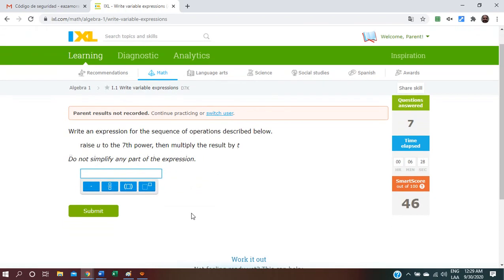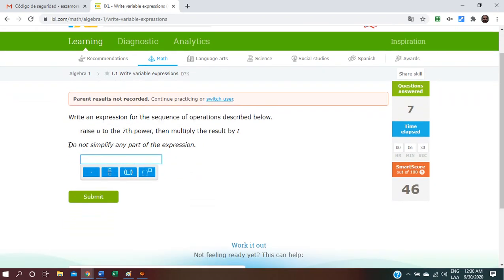Next one. It says do not simplify any part of the expression. So raise u to the 7th power, then multiply the result.